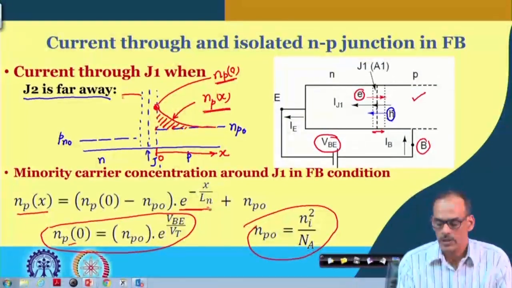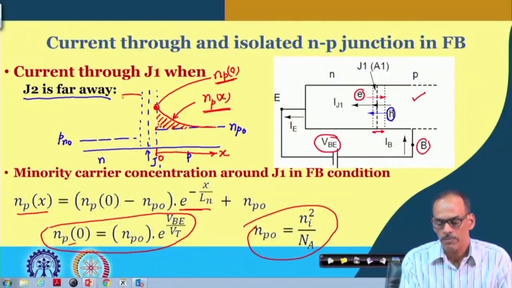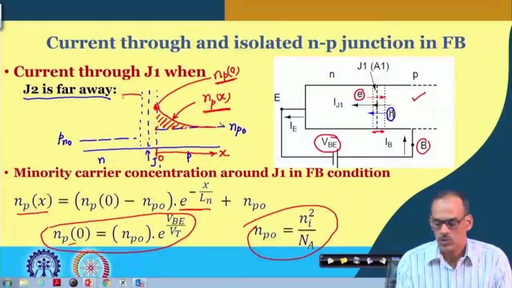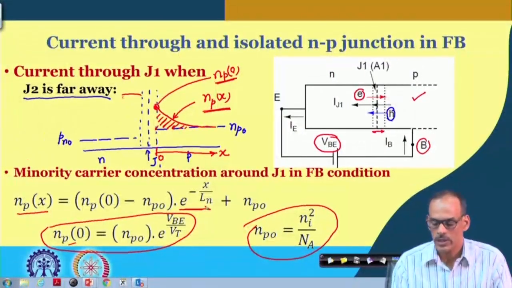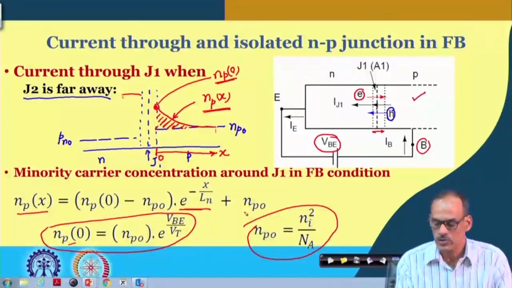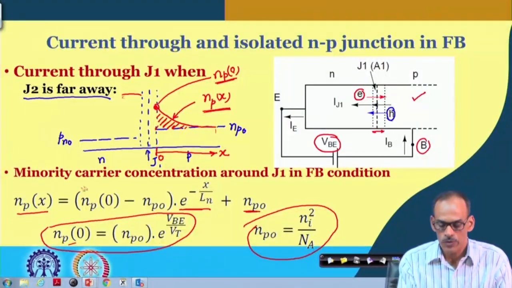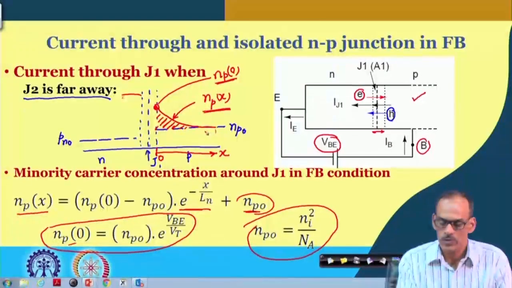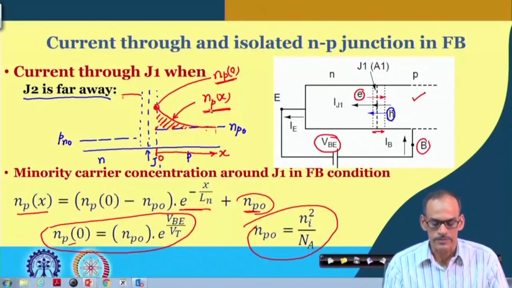Based on the L n, of course, the penetration of the carrier towards the base may vary. Of course, it depends on the carrier, whether it is electrons or holes. So, this is a constant L n, and in addition to that we do have this n p 0. That is why we are writing this part. The first part is the shaded part, and the last part is whatever the height we do have. These two together give us n p x.